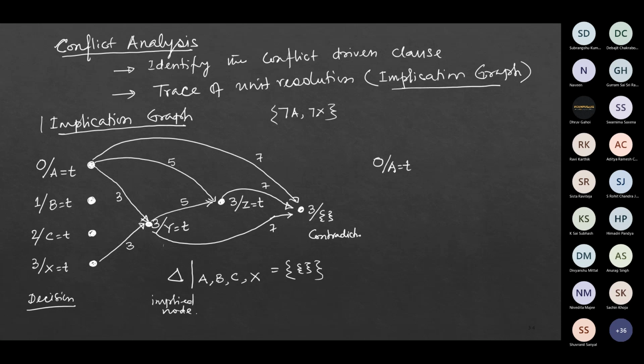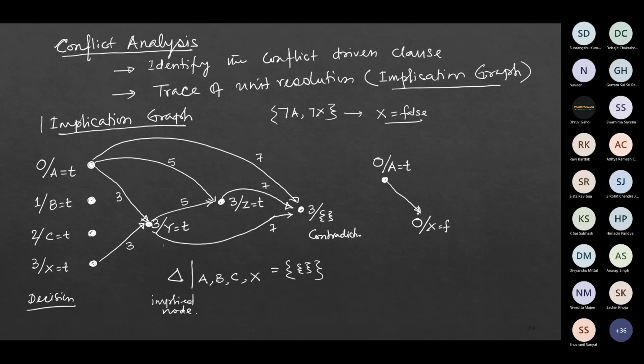And as soon as we assign A equal to true, what can we imply from this? We can imply that X should be false, right? We are not making any decision. So we are at the same level, the 0th level, and setting X equal to false, right?